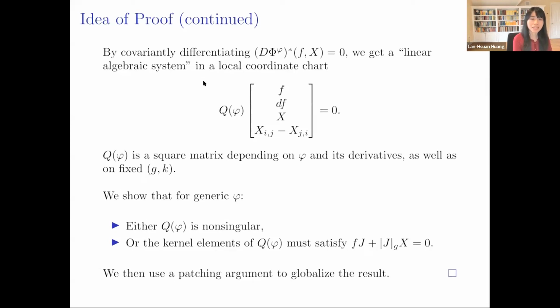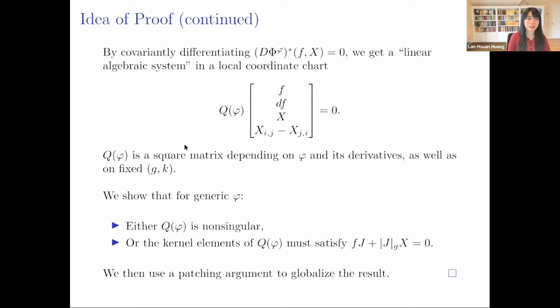Then we get a linear algebraic system, which has a square matrix Q acting on the one-jet of f and X, equals 0. Here Q_phi is a square matrix, and of course it depends on phi as indicated here and its derivatives, but also depends on g and k, the fixed initial data.